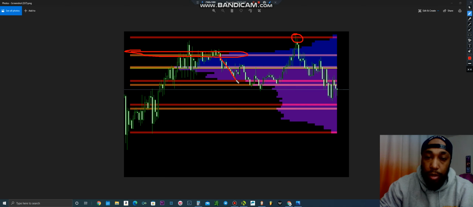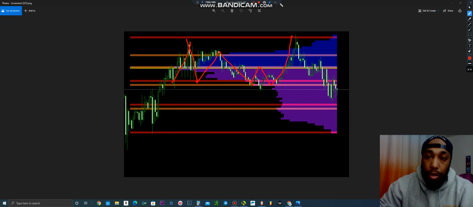The market dipped below, came back, dipped below, came back, being used as resistance. The next one is being used as support in this area, and the market went long. It came back to it again, support, market went long, came back, support.